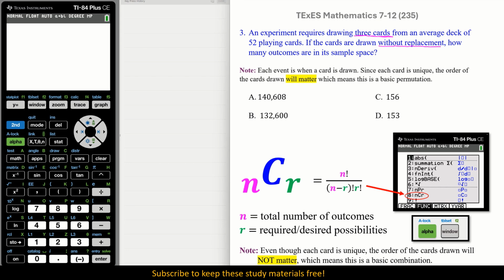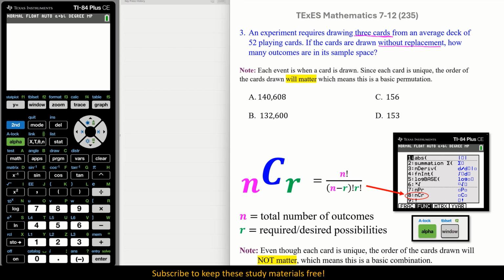Once we draw a card, we will not draw it again. In a deck of cards, each card is unique. And it says without replacement. So we aren't talking about someone just holding the cards in their hands where they can shuffle it. We're drawing it, it's coming out of the deck, it is unique. Therefore, the order matters. So this is a permutation.